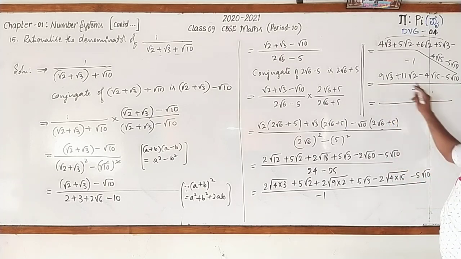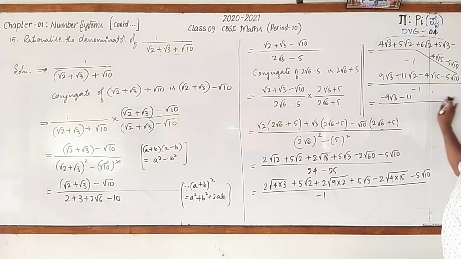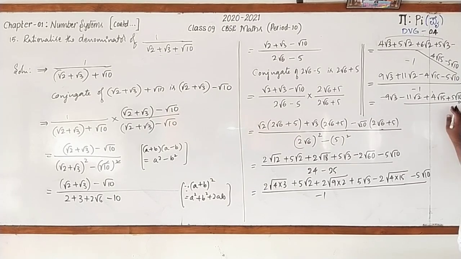It will be minus 9 root 3 minus 11 root 2 plus 4 root 15 plus 5 root 10. Okay? Got it?